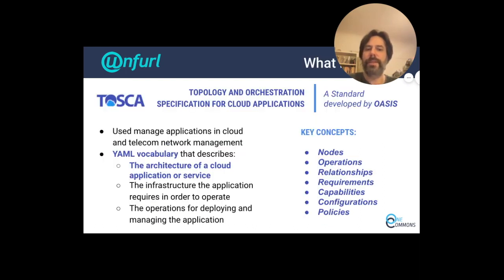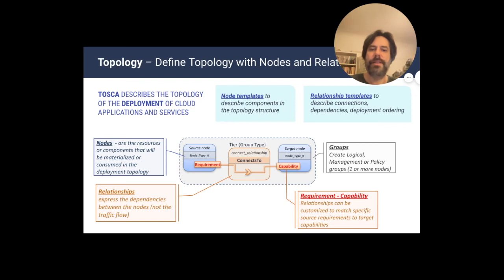And again, what enables that is Tosca, the vocabulary. I won't go into too much of the details here, but basically it lets you define these essentially nodes and the relationships between them. There are abstract concepts, and it sets up the requirements: what does this node, this application, need to actually work?